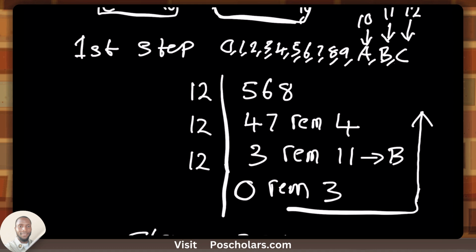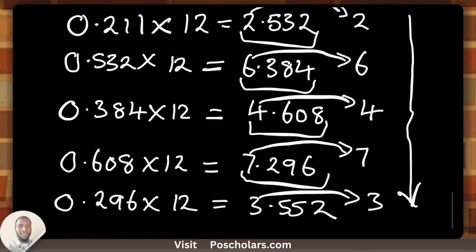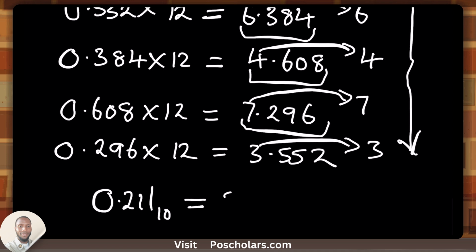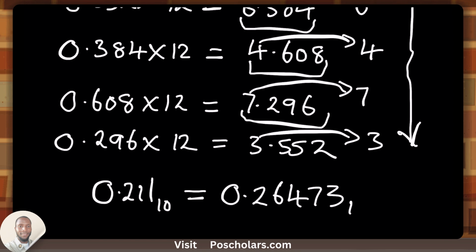I hope you know the difference. Good. So writing it out from top to bottom becomes 0.26473 base 12, converted into base 12.